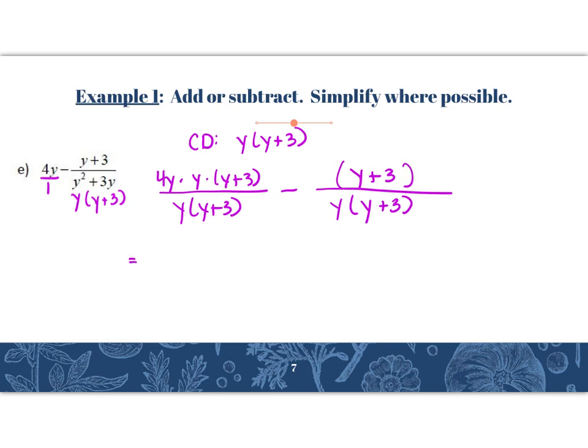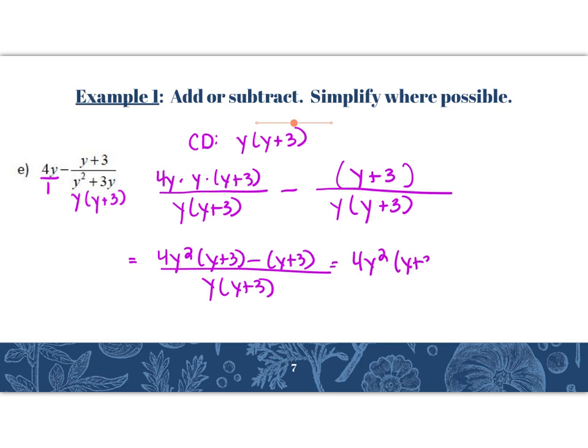So let's go ahead and write in our numerator. We get 4y times y plus 3 minus y plus 3, all over y times y plus 3. So this is 4y squared times y plus 3 minus, minus y minus 3.